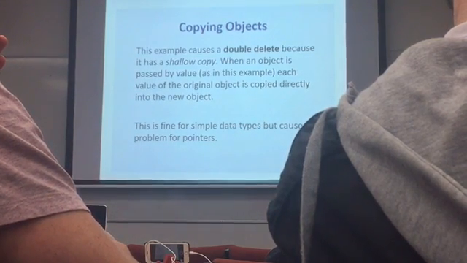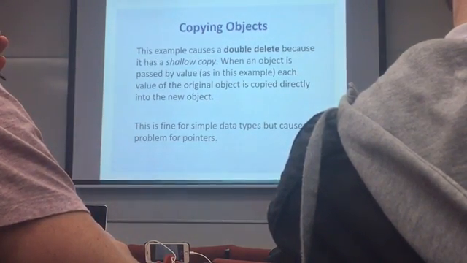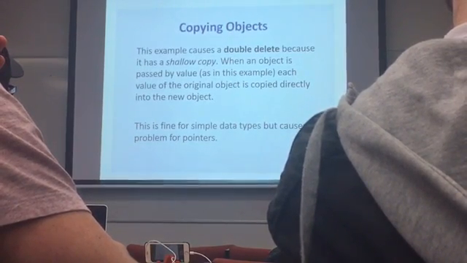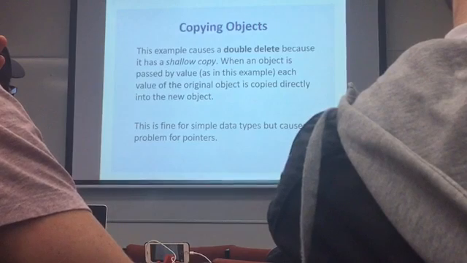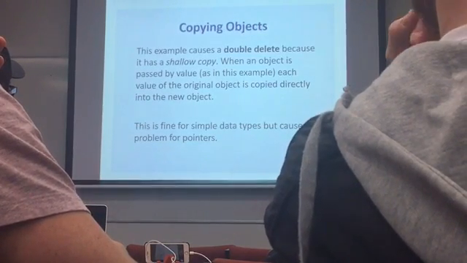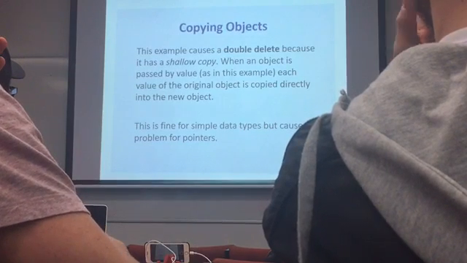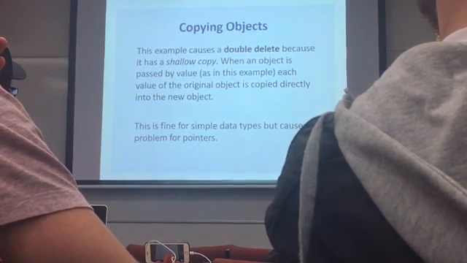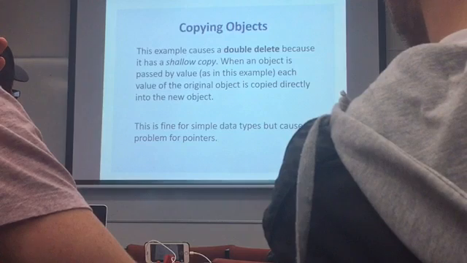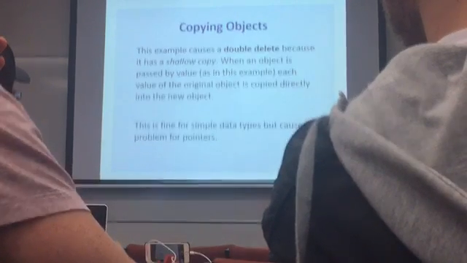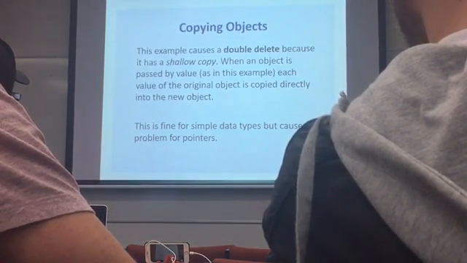So be aware when you have types with a pointer data member, the system provides a shallow copy. When an object is passed by value, each value of the original object is copied directly into the new object. When you copy a pointer, you copy the pointer.